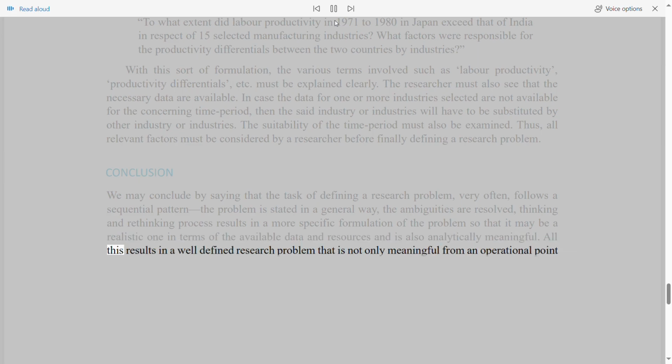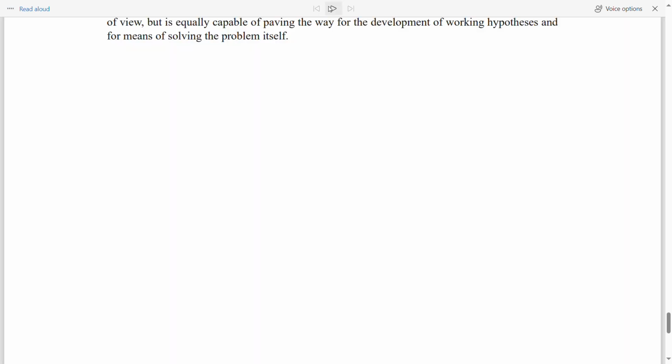All this results in a well-defined research problem that is not only meaningful from an operational point of view, but is equally capable of paving the way for the development of working hypotheses and for means of solving the problem itself.